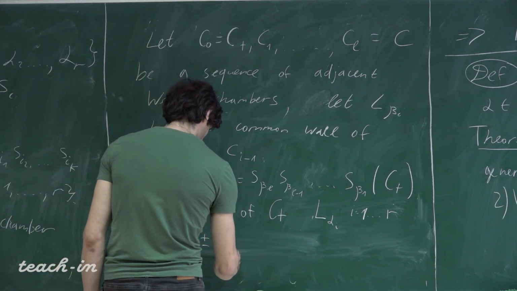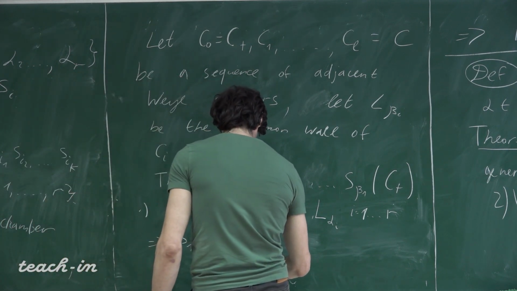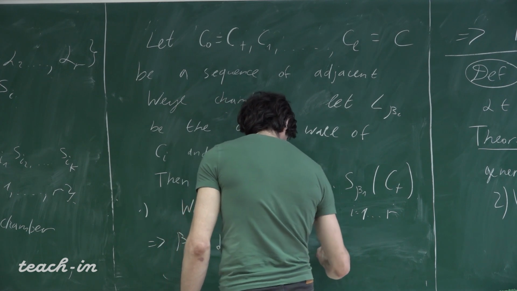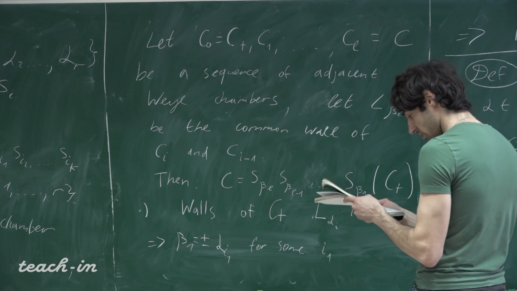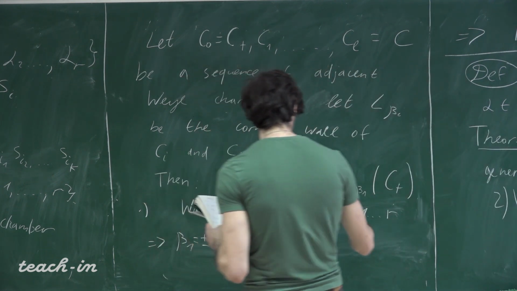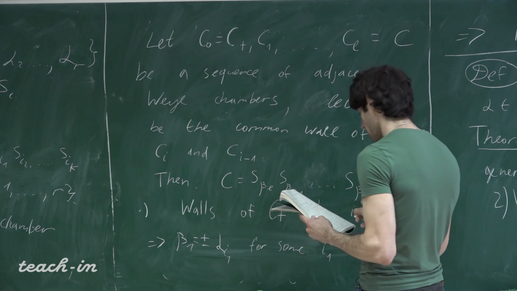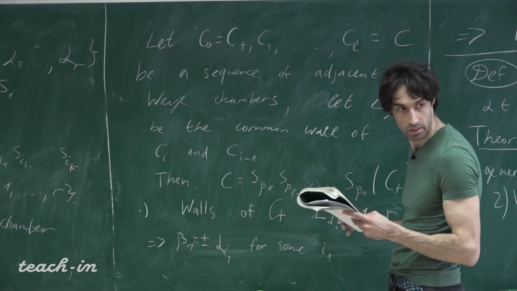So beta_1 is alpha_{i1} for some i1, and then s_{beta_1} is s_{i1}, of course.